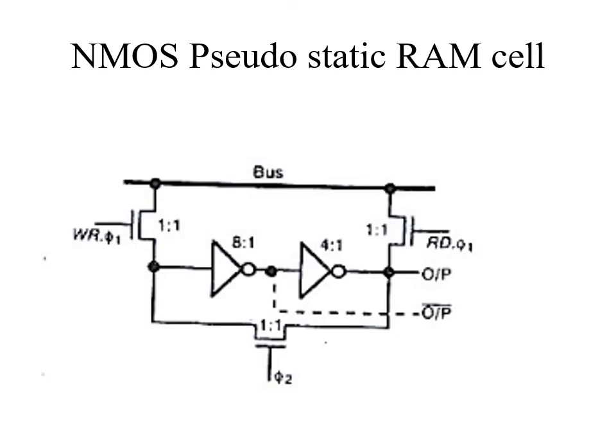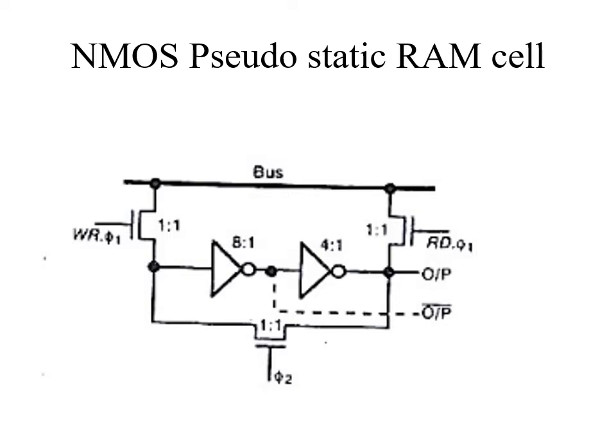To perform the write operation, the control input write into phi 1 has to be 1. When it is 1, the first transistor turns on. So whatever is there in the bus is passed, and it is stored as gate capacitance in the first inverter.